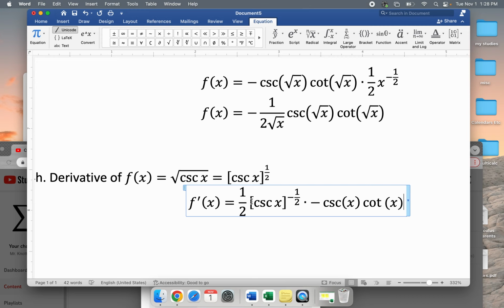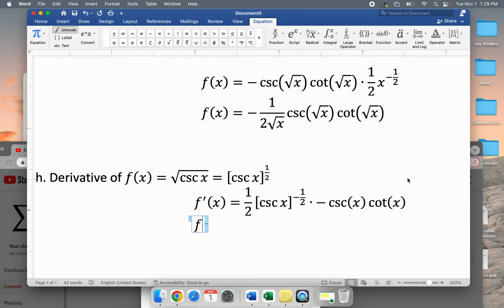You've kind of got two cosecants here. This is cosecant to the negative 1/2. This is cosecant to the 1. You don't need to, but those can be combined, right? So I have 1/2. How many copies of cosecant do I have? Cosecant to the negative 1/2, cosecant to the positive 1, you add those exponents.